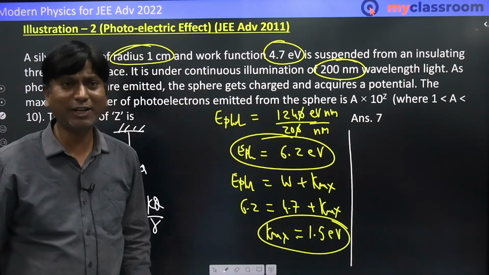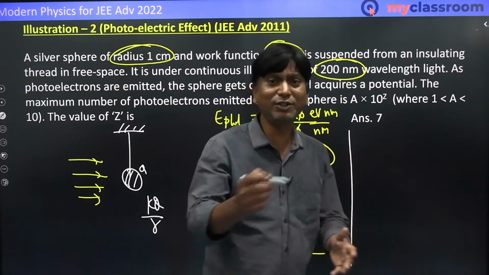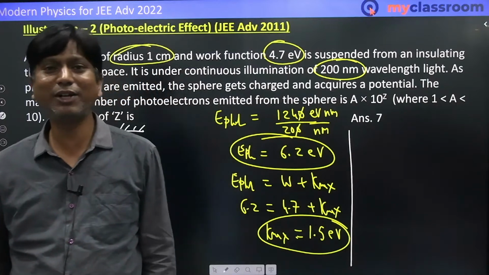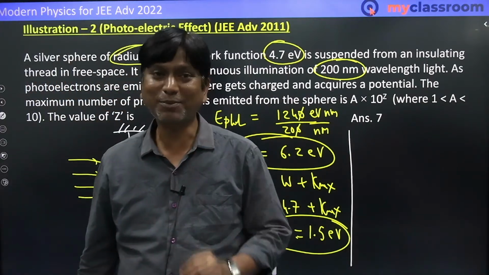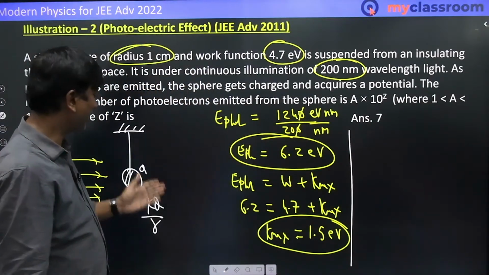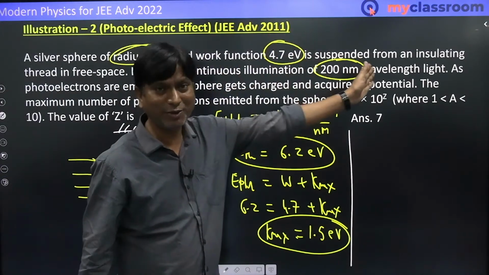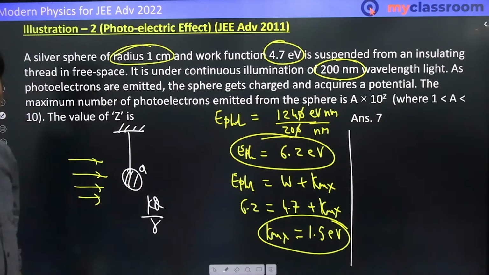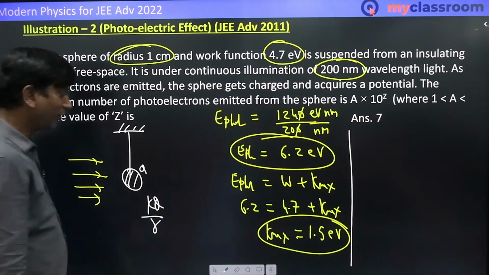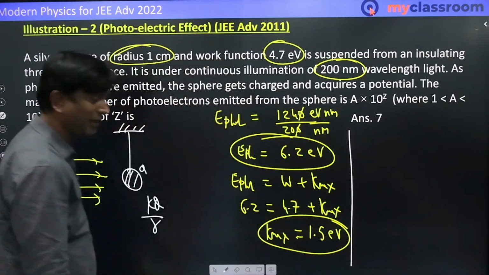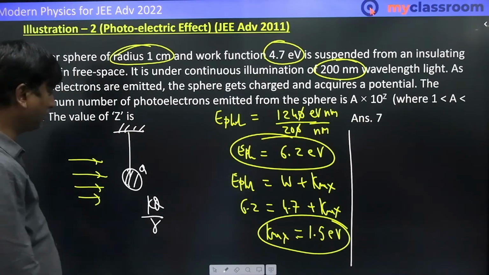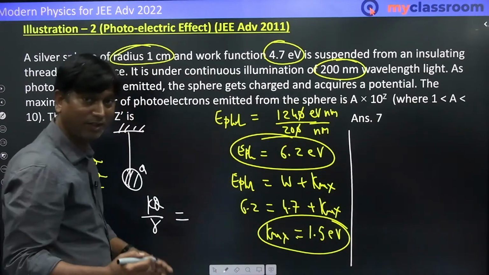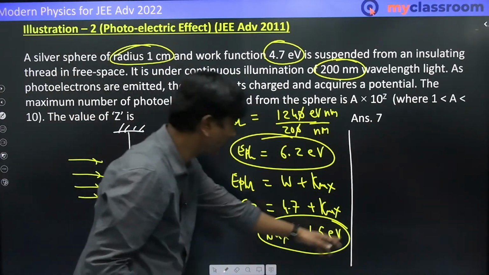Just like in the photoelectric effect, we were taking K max equal to e into V naught, where V naught is called the stopping potential. Here it is the same thing, a stopping potential; there is no anode, of course, because it is at infinity. So this potential can be treated like a stopping potential, right? For kinetic energy K max of 1.5 electron volts, what is the related potential?